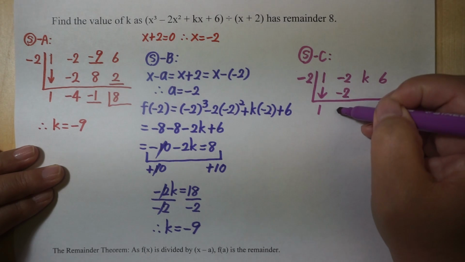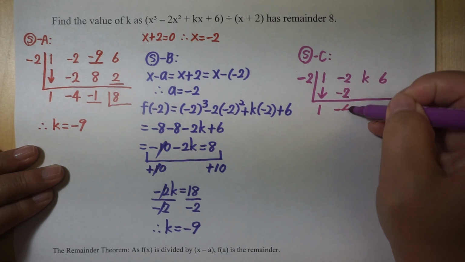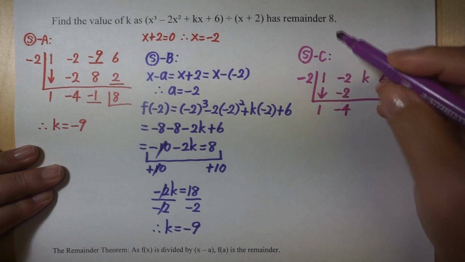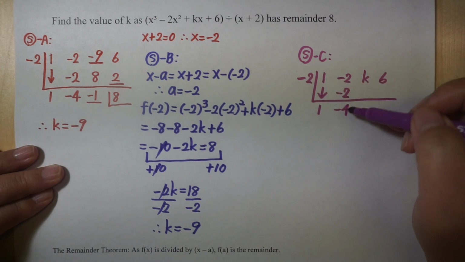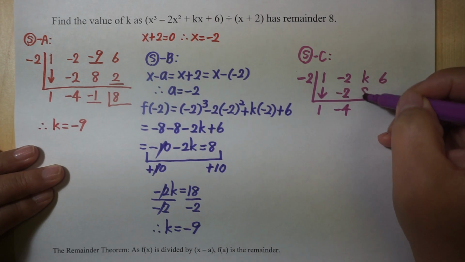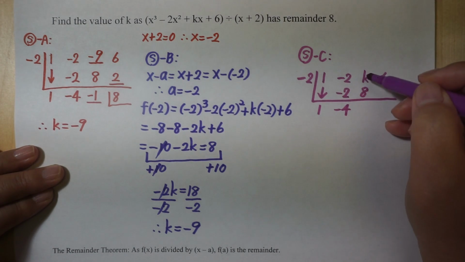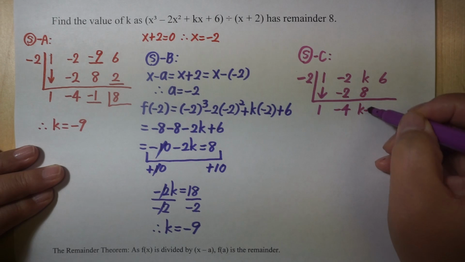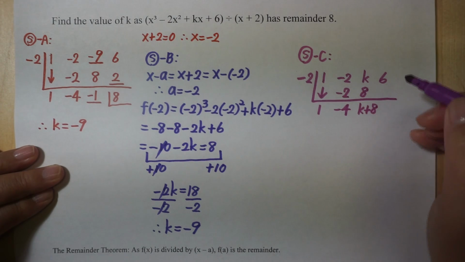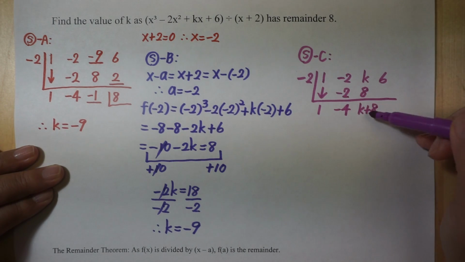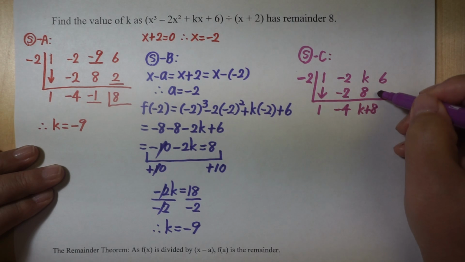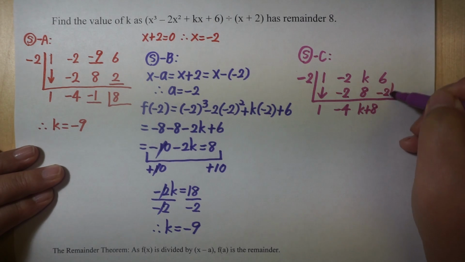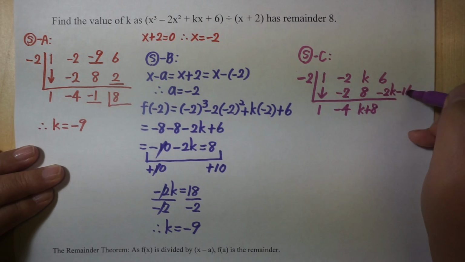Negative 2 plus negative 2 is negative 4, and then we're going to multiply negative 2 and negative 4, which is positive 8, and then we're going to add this unknown number k and 8, which is k plus 8, and then we're going to multiply negative 2 and k plus 8, which is negative 2k minus 16.